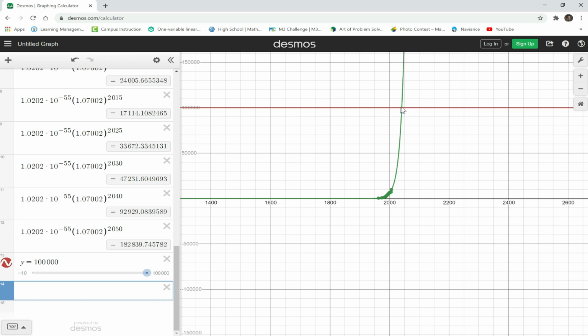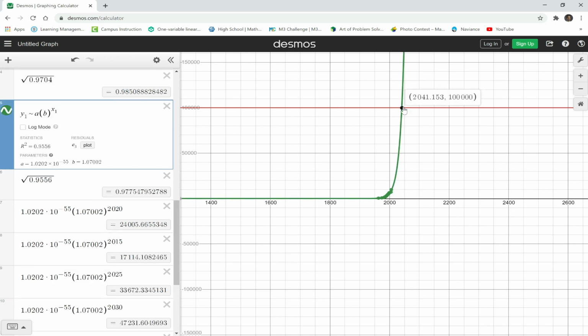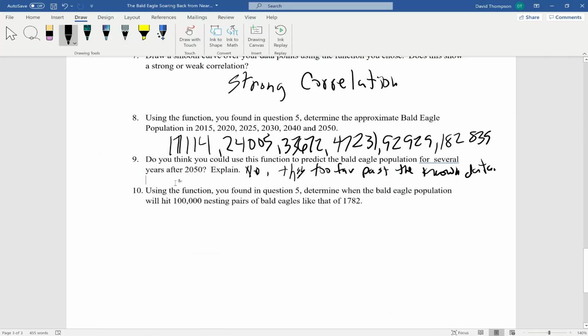And now we can see it, so now we're just going to find the point of intersection. And it looks like between 2041 and 2042, we'll hit the 100,000 nesting pairs. Hopefully this helps you have a deeper understanding of how to depict a curve of best fit when given a set of data and answer corresponding questions.